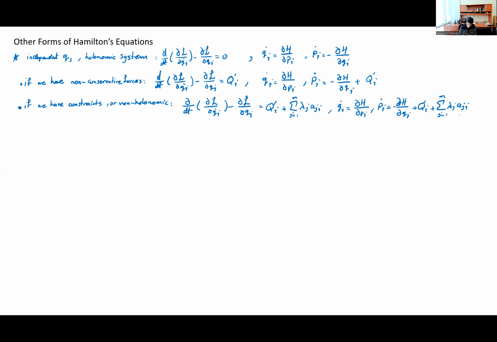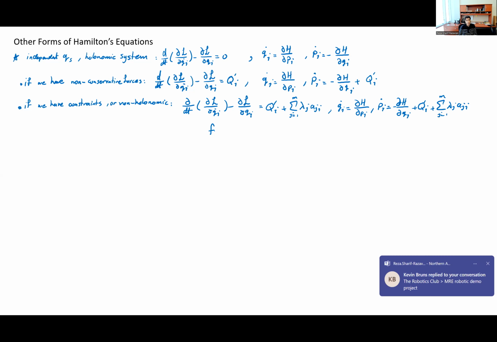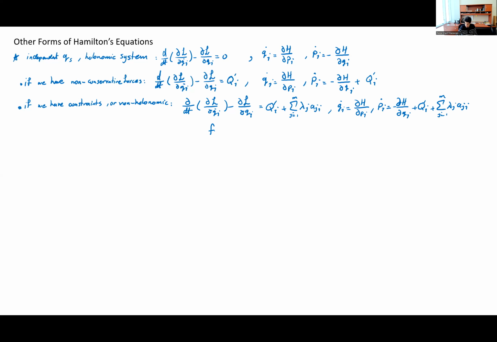So we need another set of equations, and those are the constraints. Let's call them f.